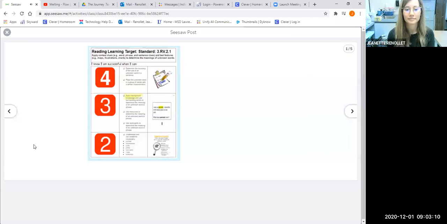Today as we use this skill, we will look at a text and we will try to figure out the meaning of an unknown word. We can use our background knowledge, we can use pictures, or we can use other words that surround it to help us determine the meaning.